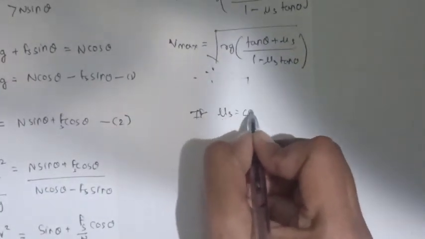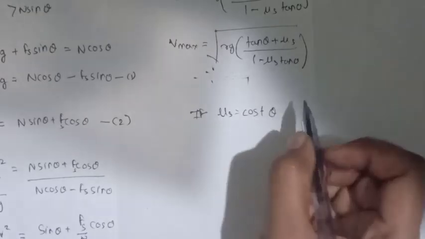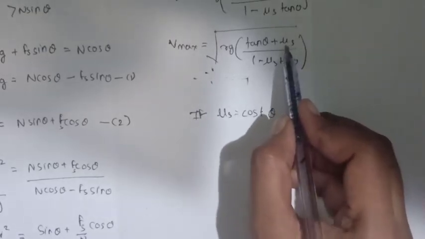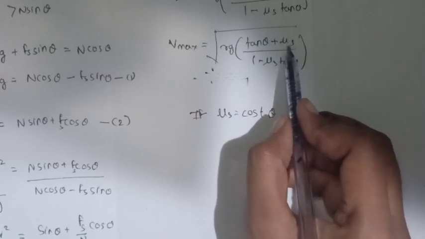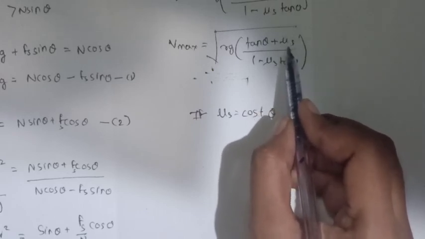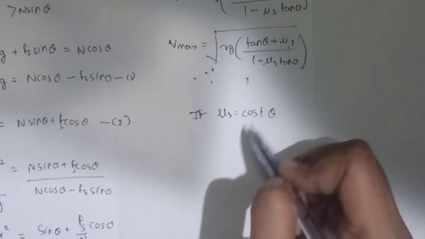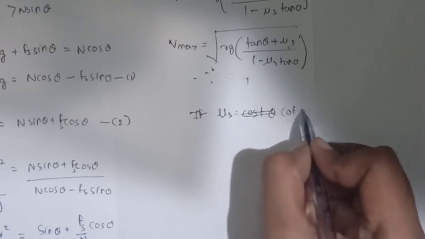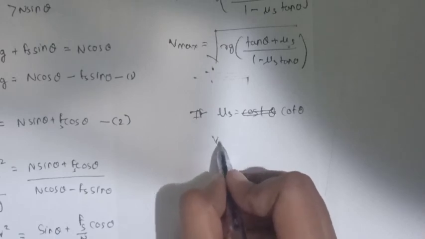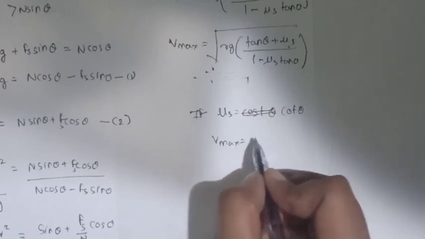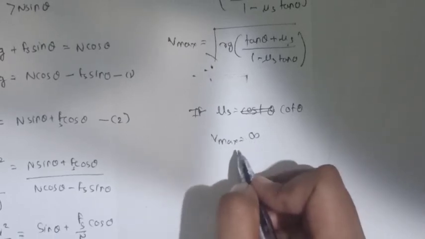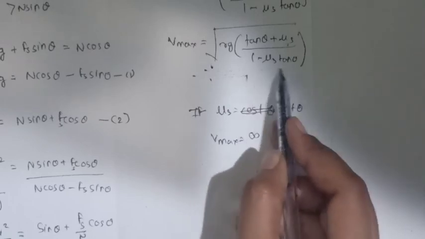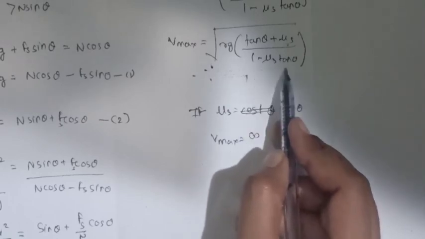mu s equals cot theta, what does it mean? Cot theta is nothing but cos upon sine. When you substitute cot theta, v max will be equal to infinity, because the denominator will become 0.